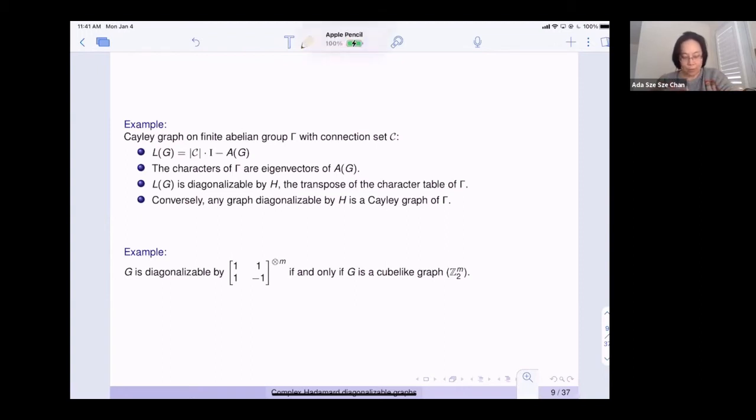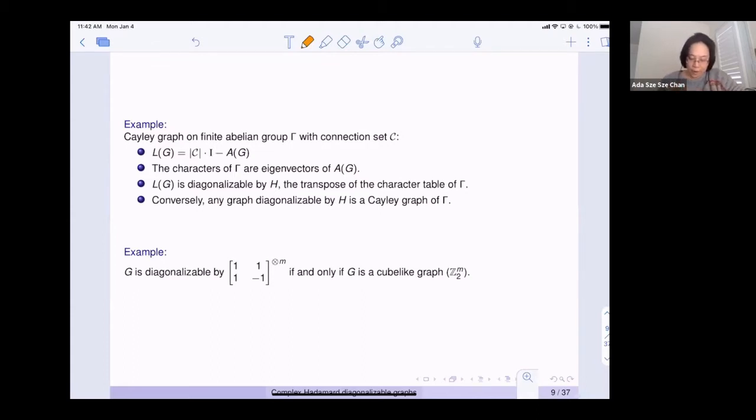So we have n permutation matrices that represent our group elements, and all these matrices are diagonalizable by this matrix H. Then we have a space spanned by n permutation matrices, and this space would contain all possible matrices that are diagonalizable by the matrix H. So if I have a graph that is diagonalizable by H, then this graph would have to be in this span, a linear combination of these permutation matrices. So basically we're saying that if I have any graph that is diagonalizable by this matrix H, which is the transpose of the character table, then that graph has to be a Cayley graph.